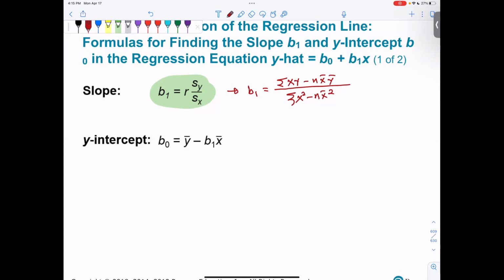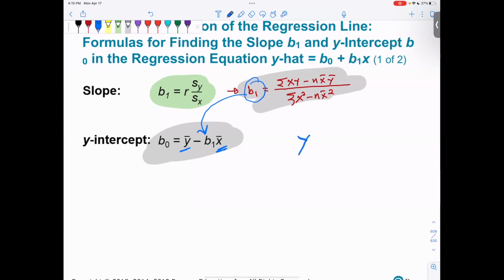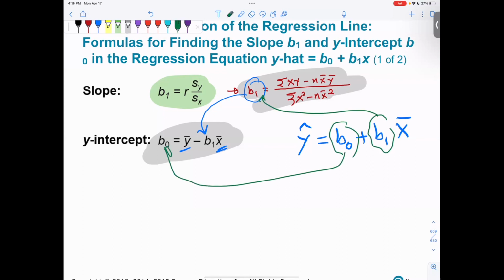So use this formula to calculate beta 1 and use this formula to calculate beta 0. Since now you will use this value here, Y bar already known and this one is already known. So start finding the function we are looking for, y hat equal beta 0 plus beta 1x. Okay? So this value calculated from here and this value calculated from here.